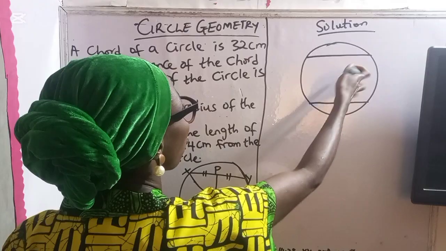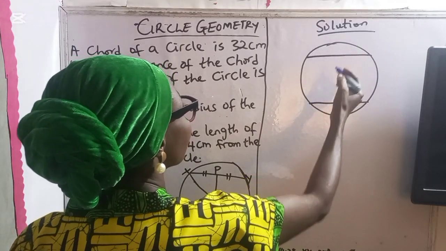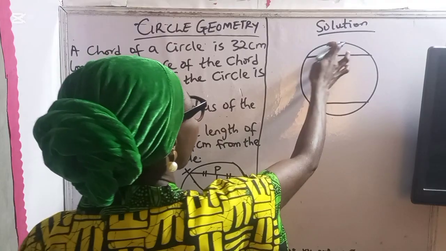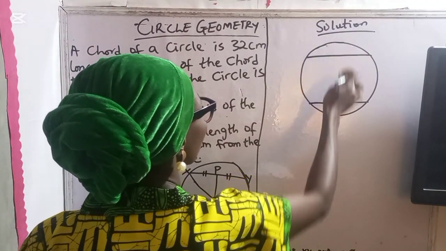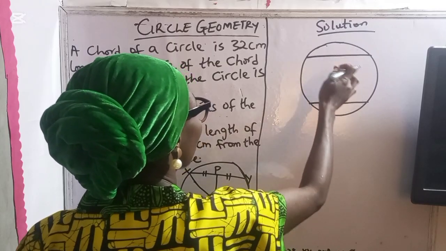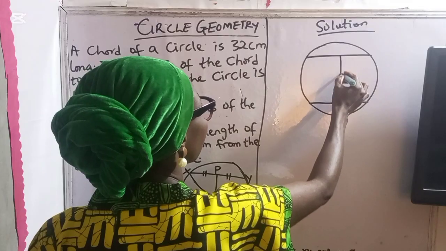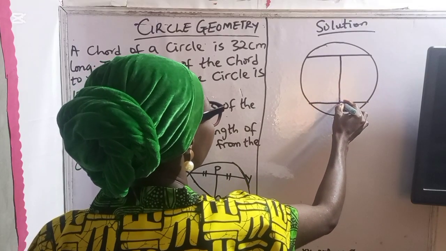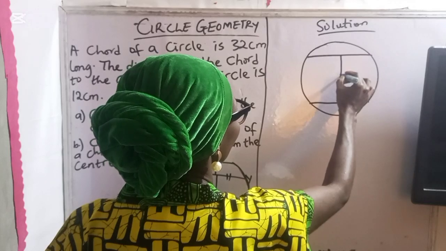There is no way we'll be able to calculate the radius here unless it is bisected by a segment. These two lines have the same distance, but they cannot meet one another. So a line which is a segment line bisects this chord into two from the center.